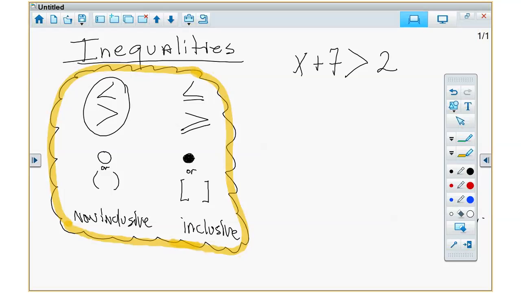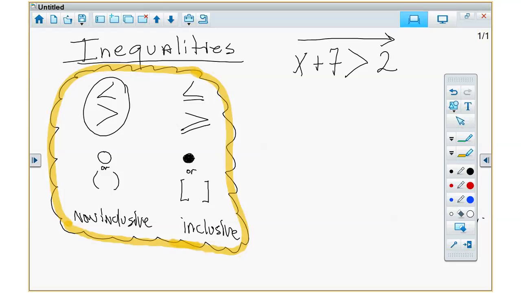Now, if we lived in Saudi Arabia, we would say 2 is less than x plus 7. Why do I say x plus 7 is greater than 2? Because we read left to right. Okay? I don't want anybody calling this greater than or less than because you don't know which way you're reading.